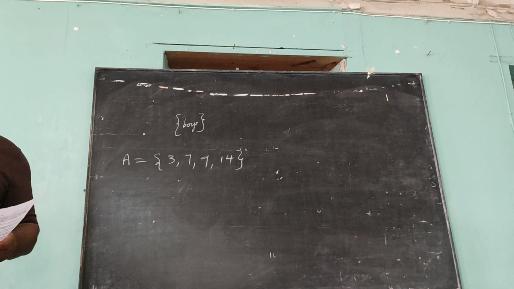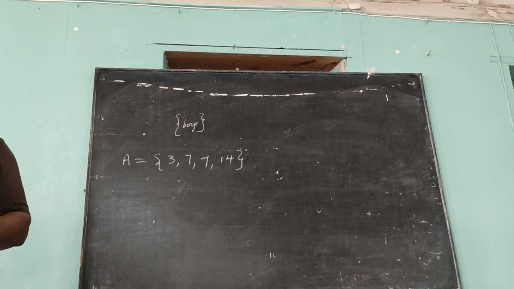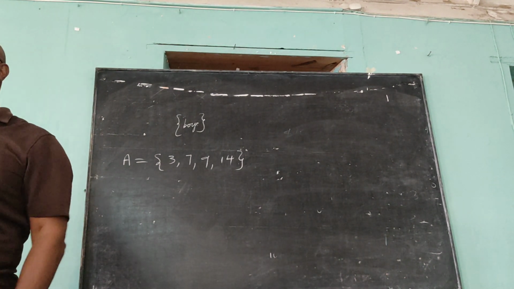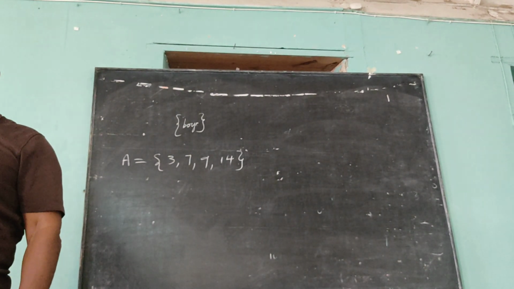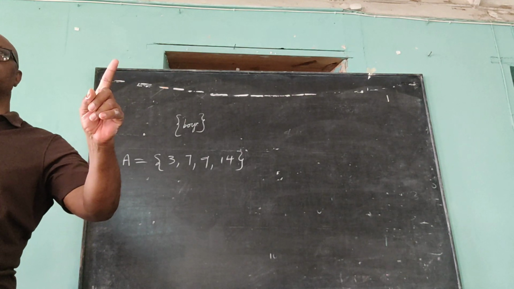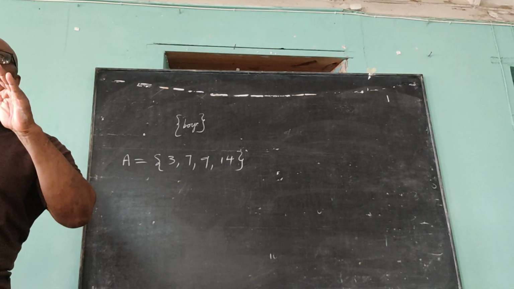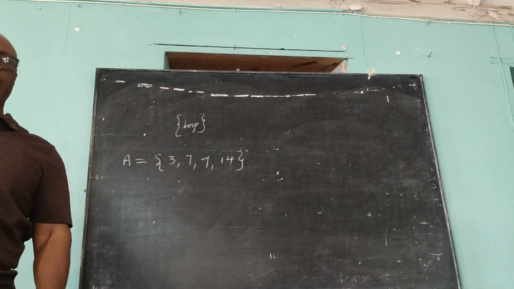So if in this class we have 15 males and 15 females, then the set of females, set F, is equivalent to set M. Right?